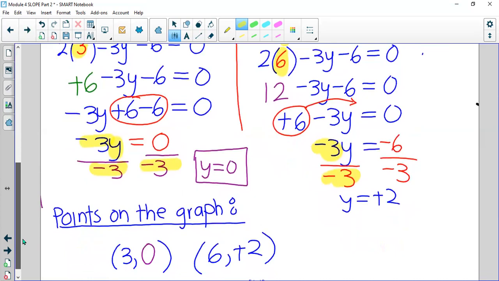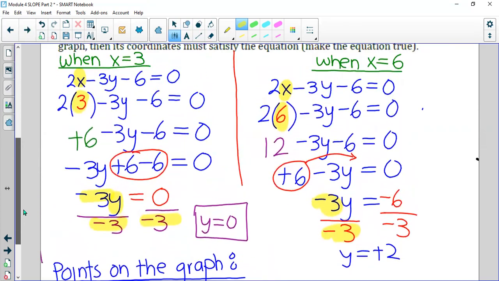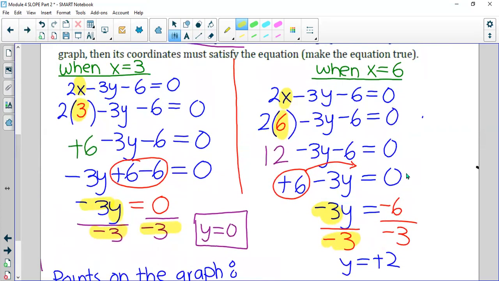The points on the graph are x is equal to 3, y is equal to 0, x is equal to 6, y is equal to +2. Now, when x is equal to 3, y is equal to 0, that actually represents an x-intercept because that particular point falls on the x-axis.